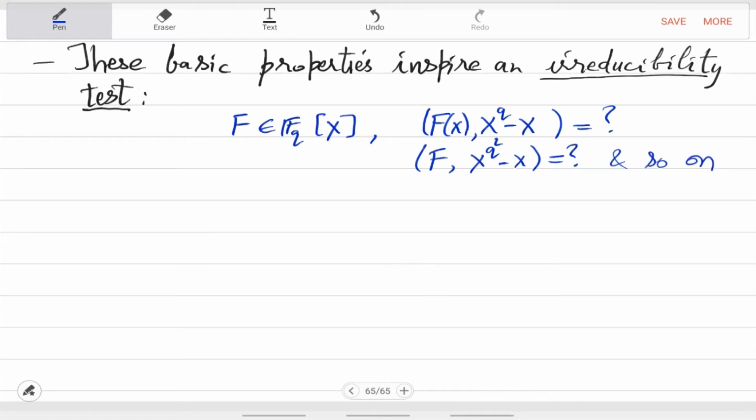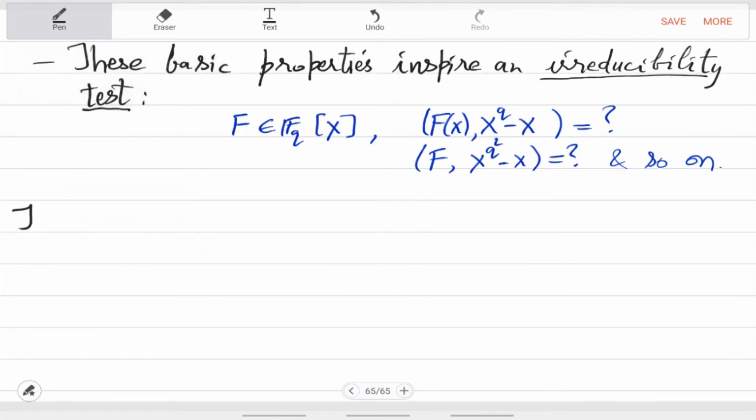This is the intended algorithm: you keep taking the GCD of big F with these Frobenius-inspired polynomials. If you take the GCD with x to the q minus x, you are filtering out roots. If you take the GCD with x to the q square minus x, then you are filtering out both roots and quadratic irreducibles. So this sequence of GCDs we want to compute. That is the intention.